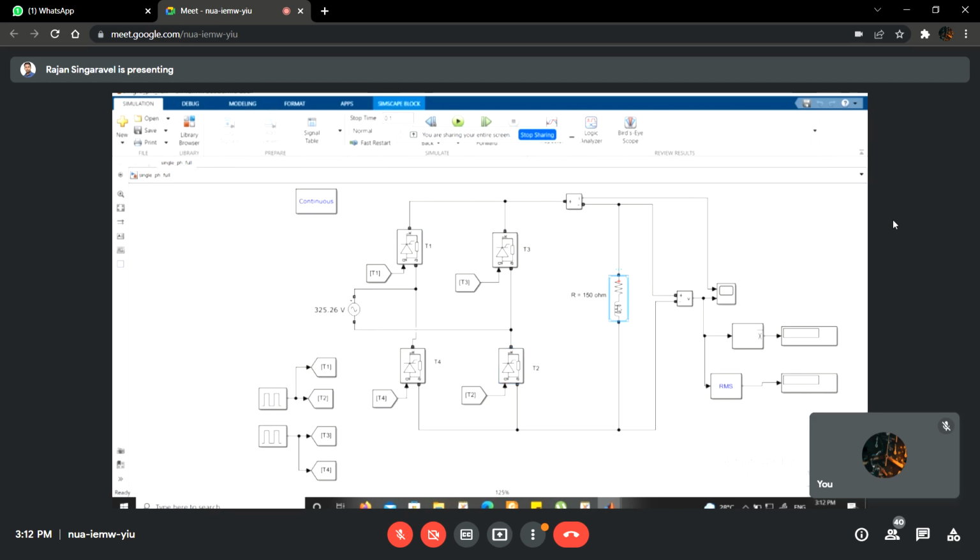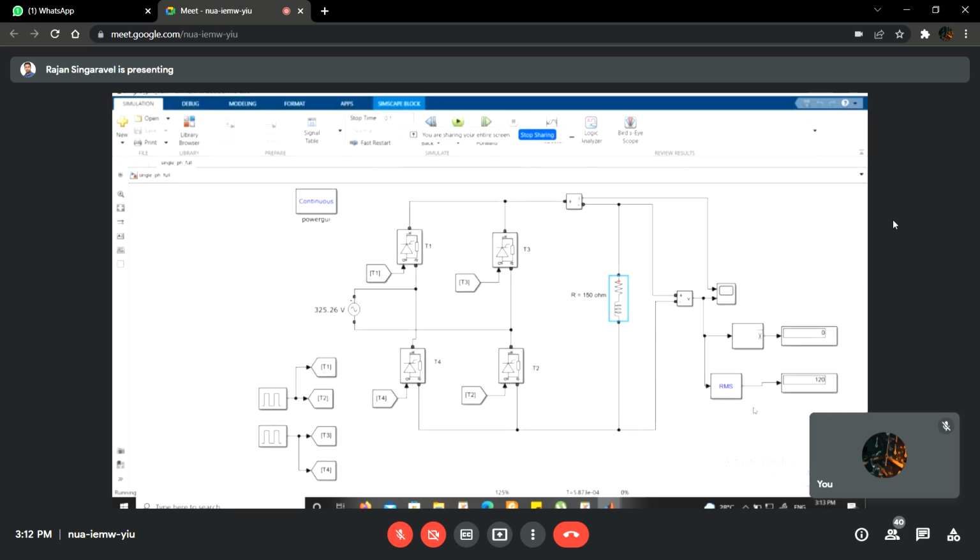So even after omega t is equal to pi, T1 and T2 are conducting, and the negative voltage also will appear across the load terminal. This is why a small negative part is appearing.